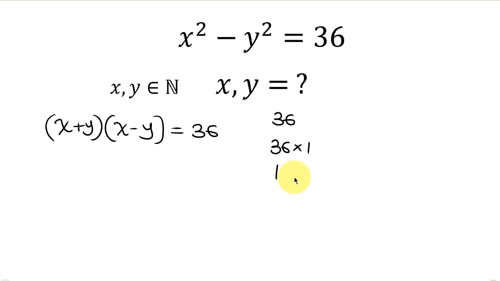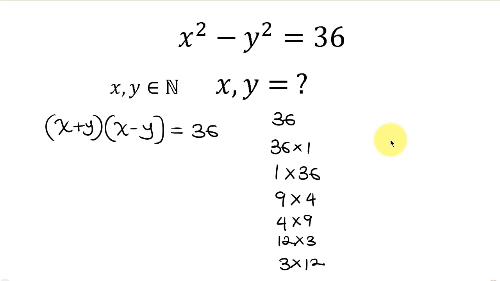We have 1 times 36, which also gives 36. We have 9 times 4, 4 times 9, 12 times 3, 3 times 12, 18 times 2, and then 2 times 18.